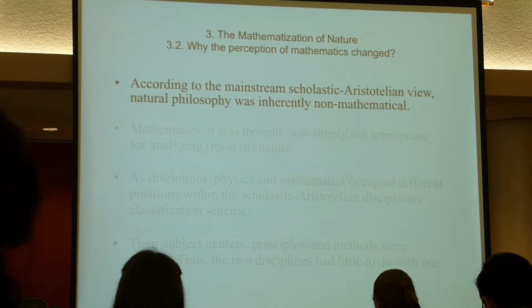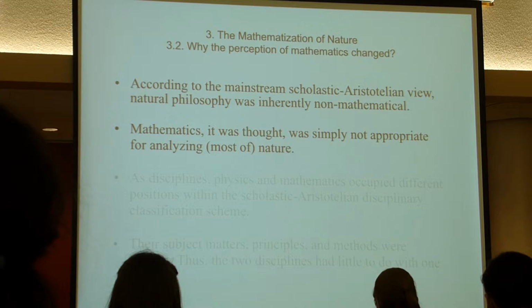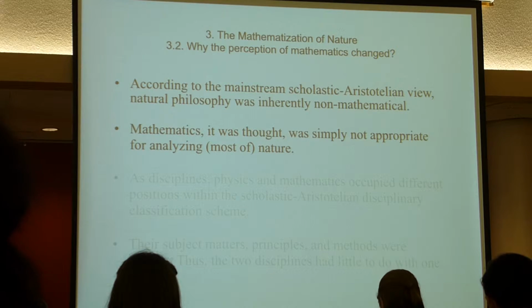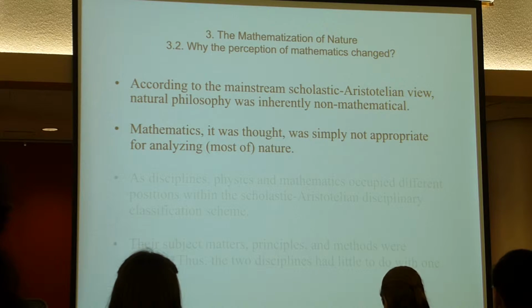And natural philosophy was inherently non-mathematical. Mathematics was not at the center. As I said, mathematics was not considered the right tool to study the essences, the most important thing, the most general things about nature.